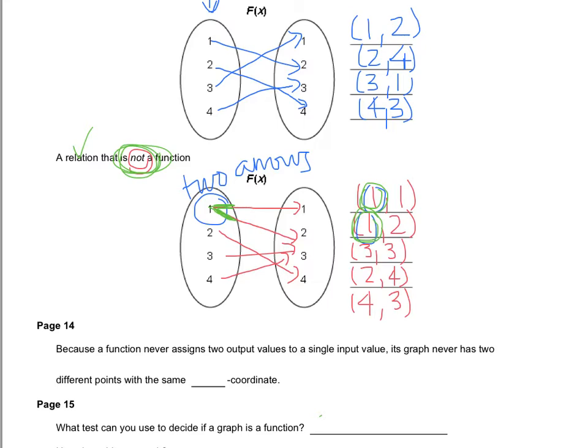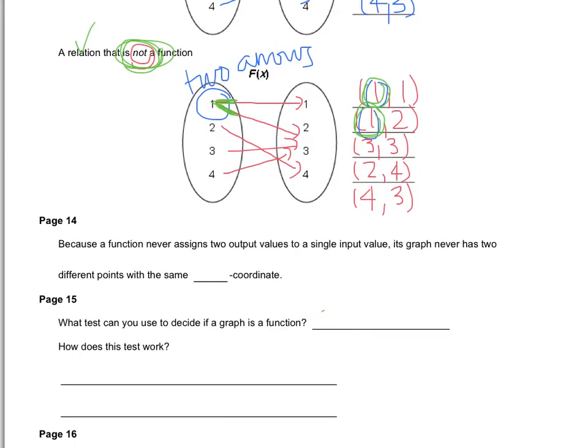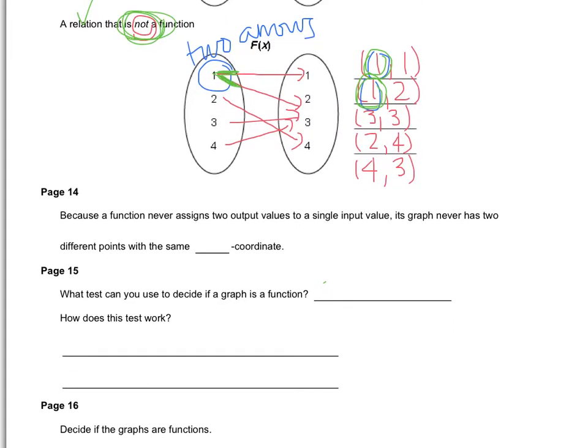So because a function never assigns two output values to a single input value, its graph never has two different points with the same x coordinate. So there's a test that we can use to determine whether graphs are functions or not. And this test is called the vertical line test.